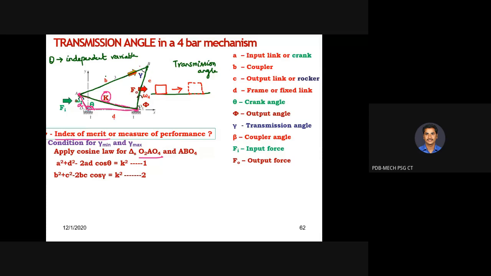Side square, so B square plus C square minus 2BC cos of the angle, this gamma. Earlier case it is theta; in this triangle it is gamma. It will be equivalent to the opposite side square, which is K square. Is it correct? The cosine law for the two triangles, that is triangle 1 and triangle 2.